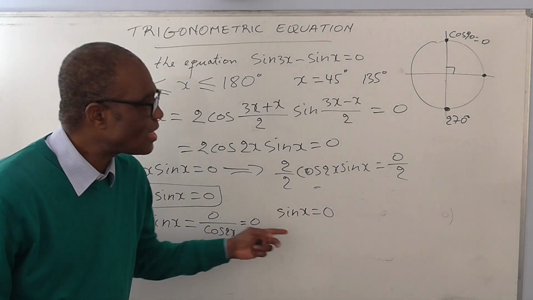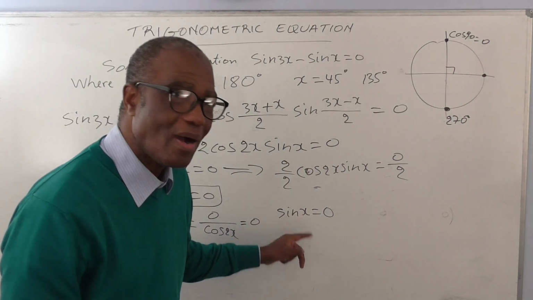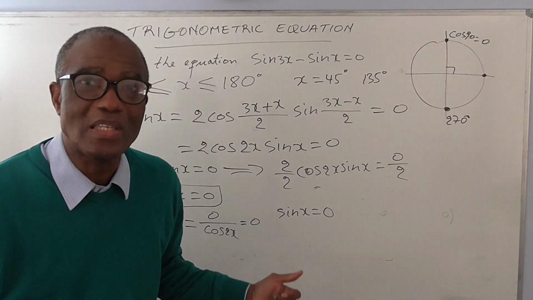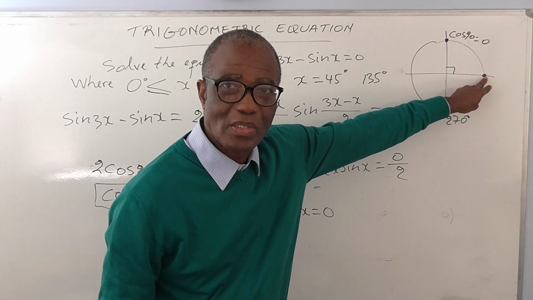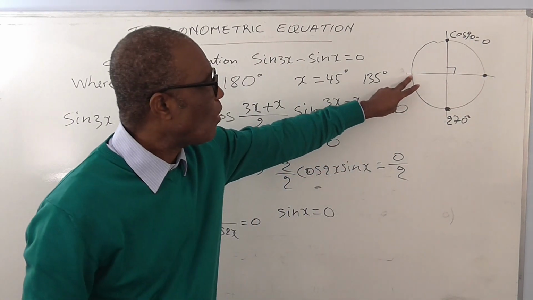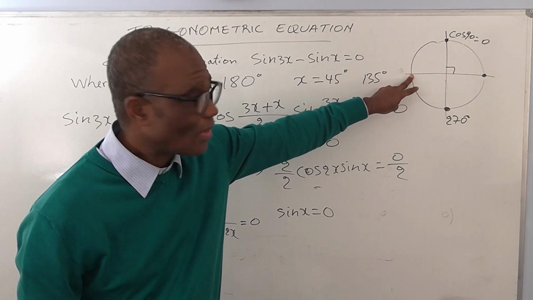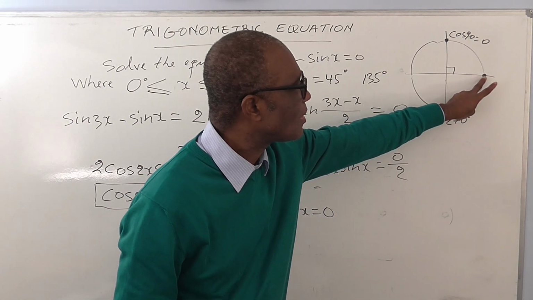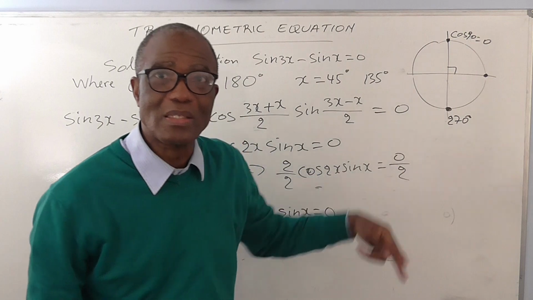So, what is the angle that we can use with sine to give 0? 0 degrees. Sine of 0 degrees is 0. Sine of 180 degrees is 0. Sine of 360 degrees is 0.